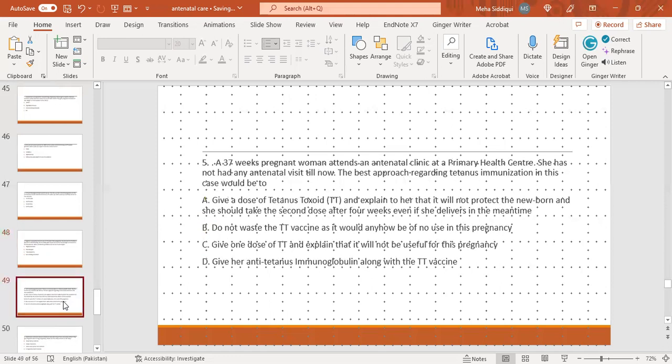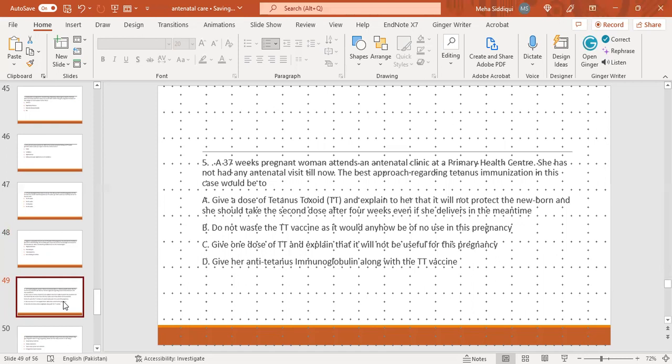MCQ number 5. A 37 weeks pregnant woman attends an antenatal clinic at a primary health care. She has not had any antenatal visit till now. The best approach regarding tetanus immunization in this case would be: A. Give a dose of tetanus toxoid and explain to her that it will not protect the newborn and she should take the second dose after 4 weeks even if she delivers in the meantime.